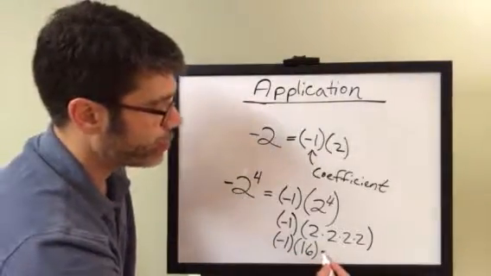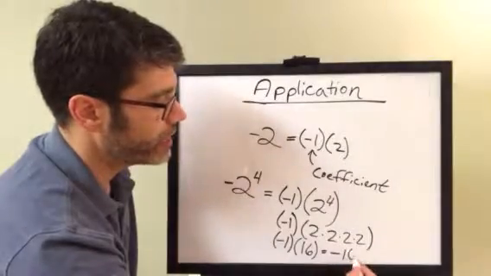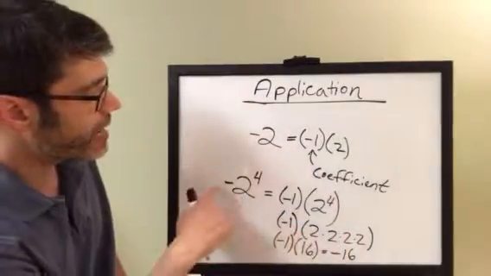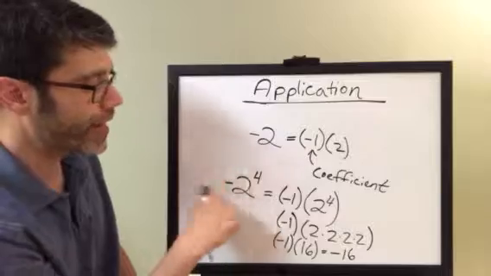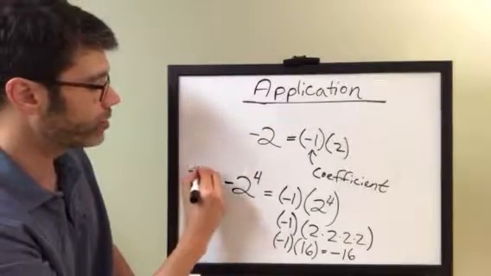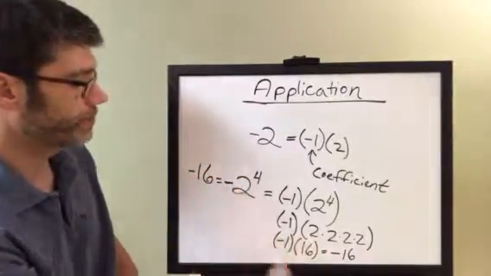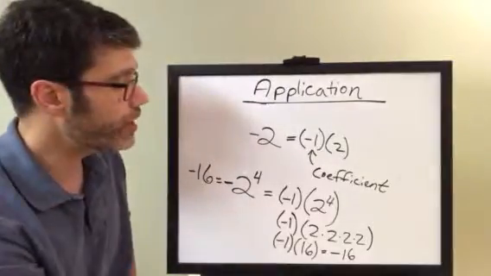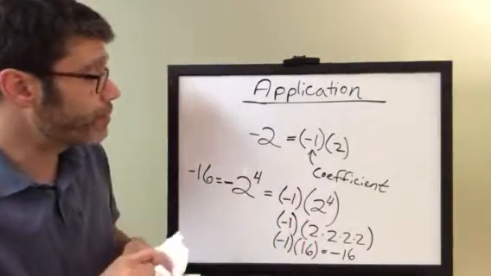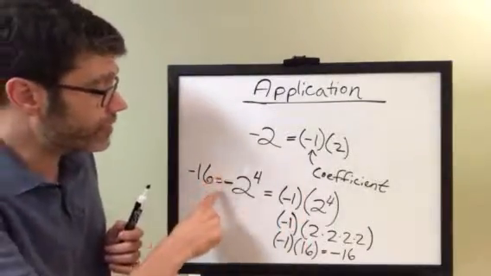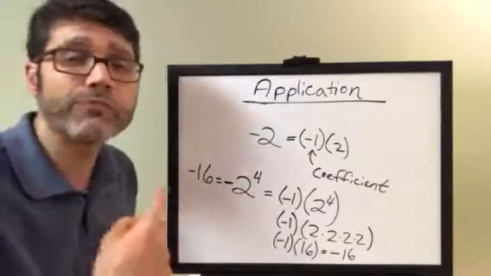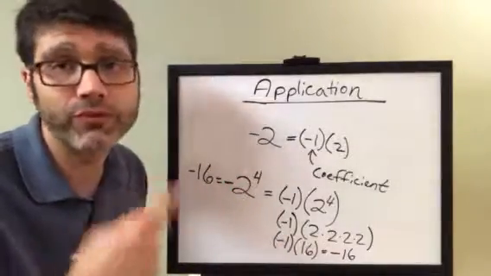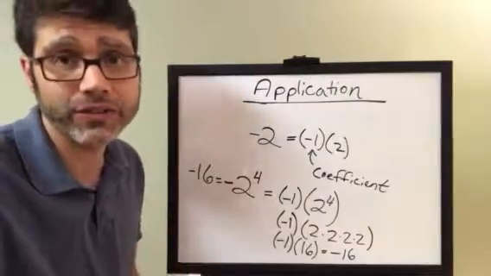So that equals negative 16, meaning that negative 2 to the fourth without any parentheses is equal to negative 16. If we had parentheses around this negative 2, then we would have multiplied negative 2 times itself 4 times, and we would have come out with a positive 16.